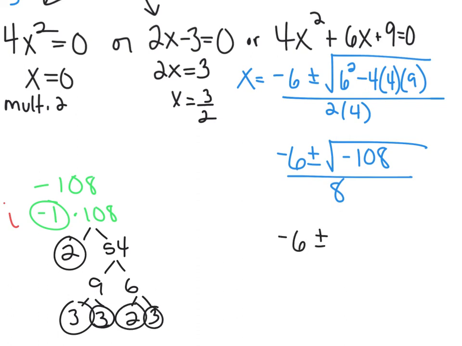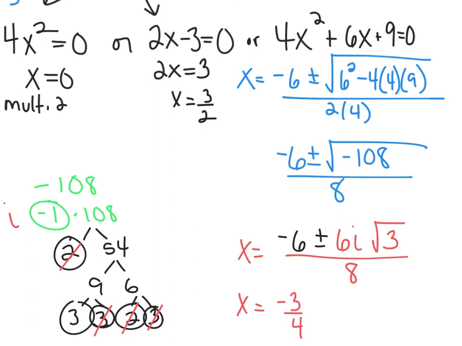This then breaks down into negative 6 plus or minus. We have a pair of 3's and a pair of 2's. So 2 times 3, which is 6, is on the outside, and we have the i, and there's a leftover 3 inside. The denominator is 8. So your final thing you can do is reduce this just a little further. This would be negative 6/8, which reduces to negative 3/4, plus or minus 3/4 i root 3.